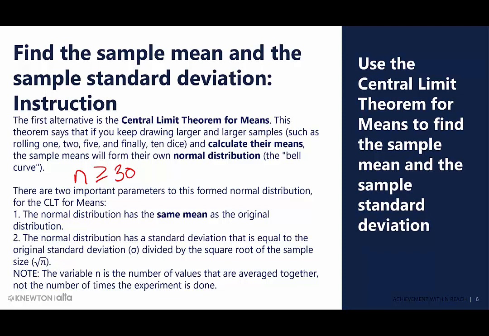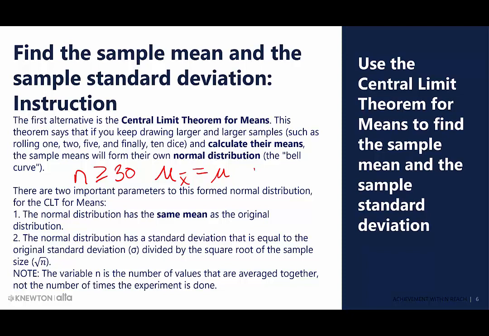You're going to see me use this notation a lot throughout this video: mu x bar. That's the mean of our distribution of sample means. It turns out that the mean of that distribution of sample means is the same thing as the population mean. So the normal distribution has the same mean as the original distribution.